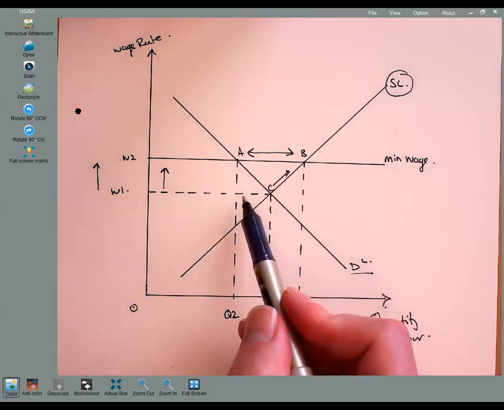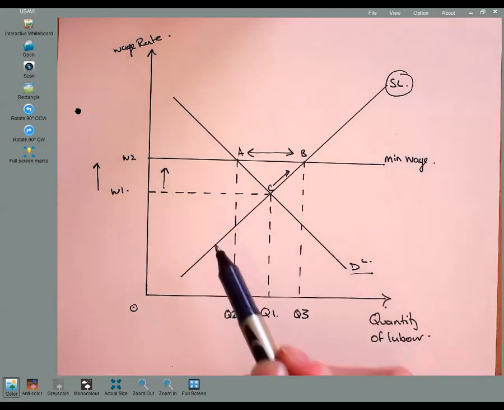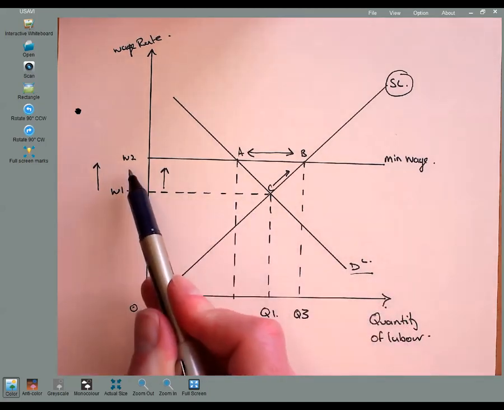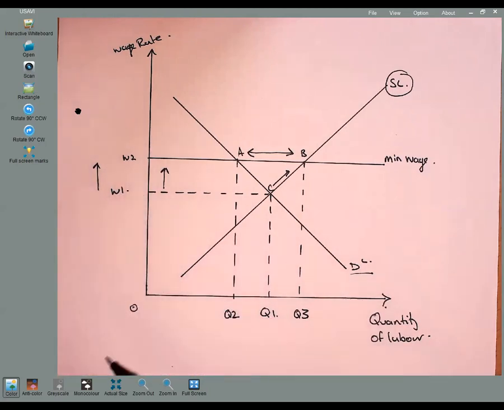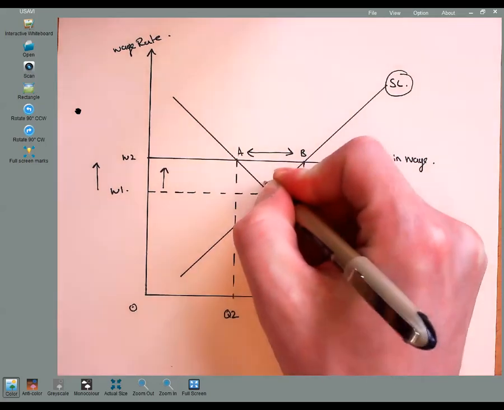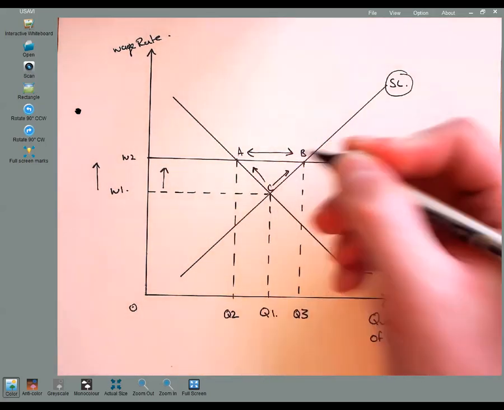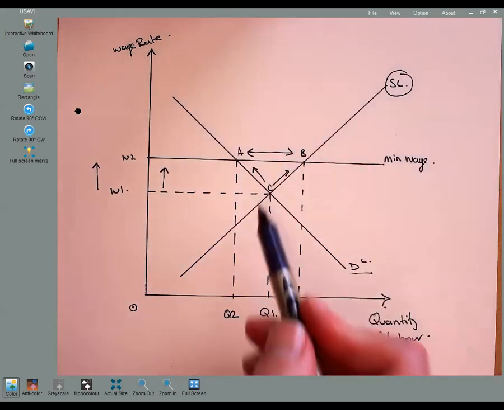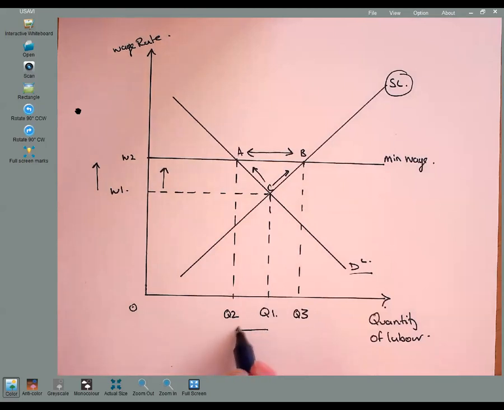As a result of the wage increase, by law, the firm must pay that higher wage. Wage is a reward for labor, yes, but it's also a cost of the factor that is labor as a factor of production. It now costs the firm more to employ staff. So the increase in the national minimum wage creates a contraction along that demand curve because firms look now to reduce the quantity demanded of workers because it's now more expensive.